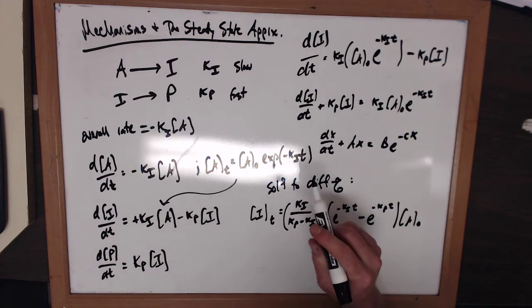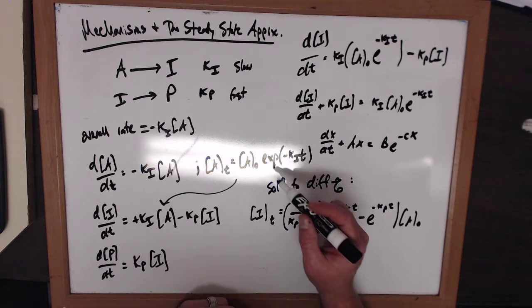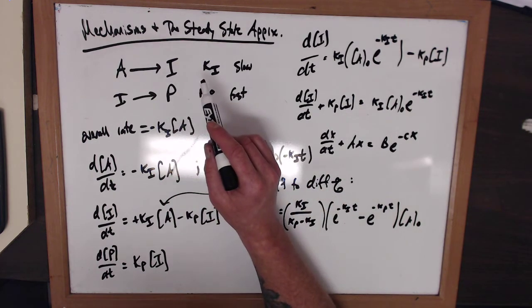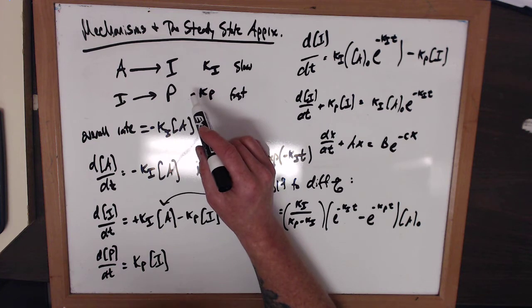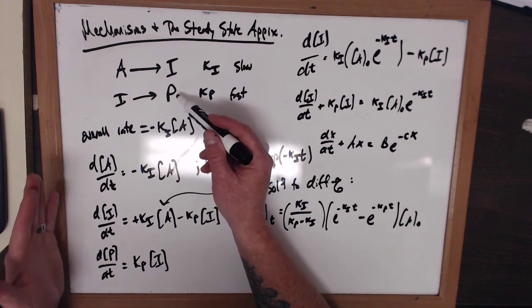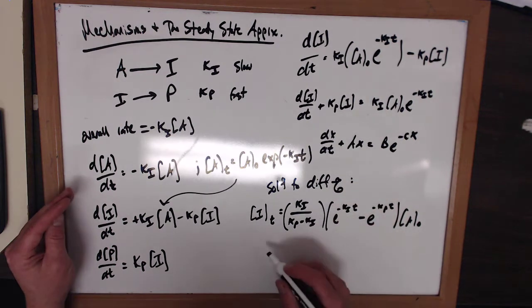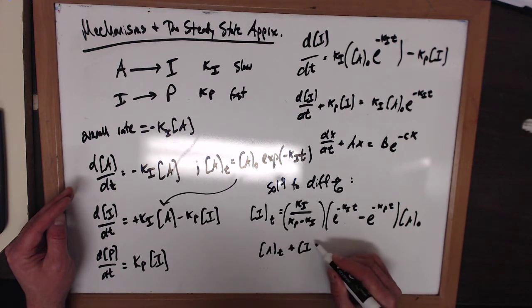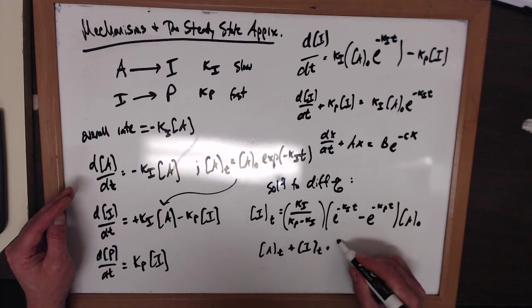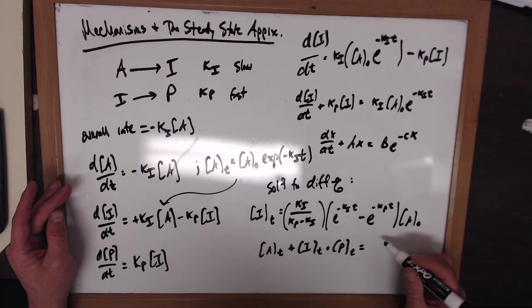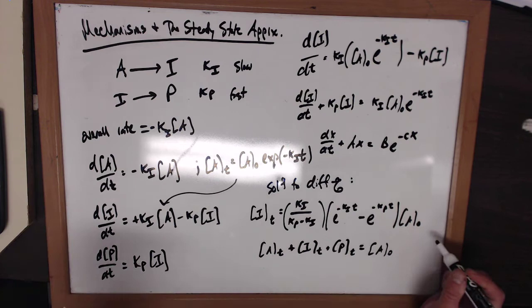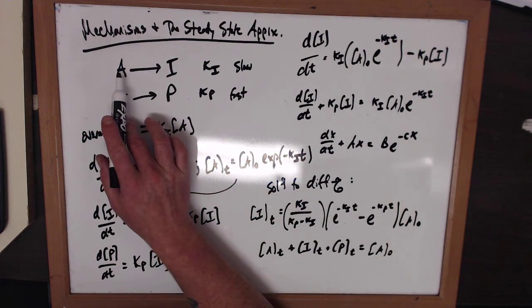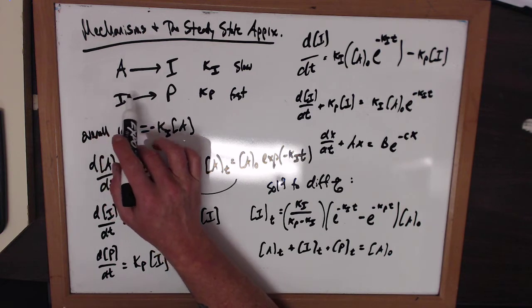And to get that expression for the concentration of product at any time, we recognize in my mechanism, I could set this up such that the initial P concentration is equal to 0, so I only have A. And with that in mind, then, the concentration of A at any time plus the concentration of intermediate at any time, plus the concentration of product at any time, which is the expression, of course, that we want, equals the initial A concentration. So that is to say, we put some amount in A, and we allow this mechanism to proceed.